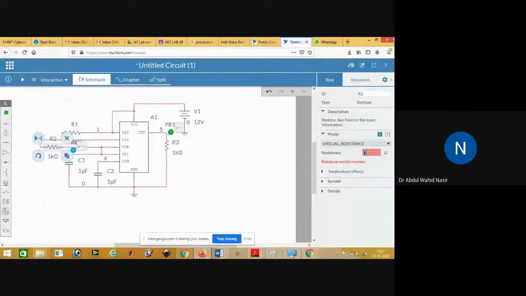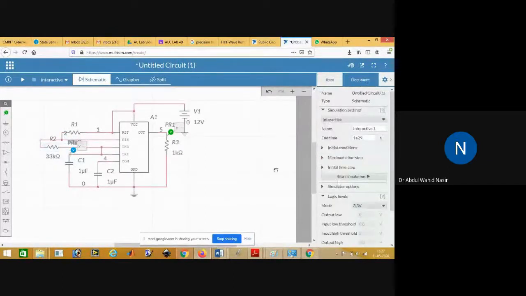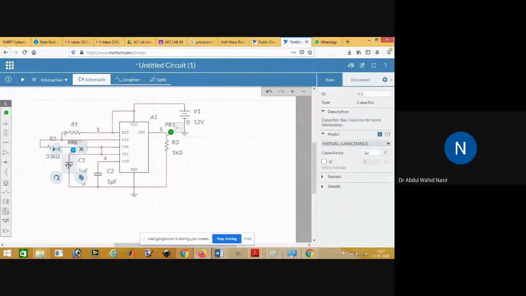Then we take this capacitor C. The combination of R1, R2, and C decides T1 and T2, as we have already seen. For our experiment we take C as 0.01 microfarad, and C2 will be 0.1 microfarad.